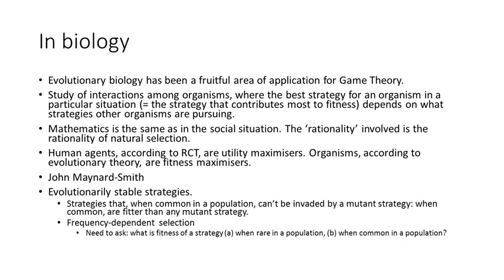So some strategies contribute better to fitness than others. Just as in the human social case, some strategies will lead to better outcomes in terms of utility than others. Okay, so you see that structurally it's the same sort of thing, and why game theory ought to apply quite well to the biological case as well as the human case.